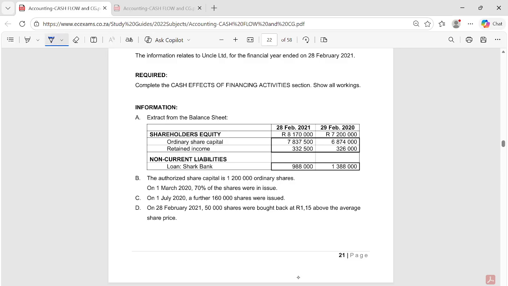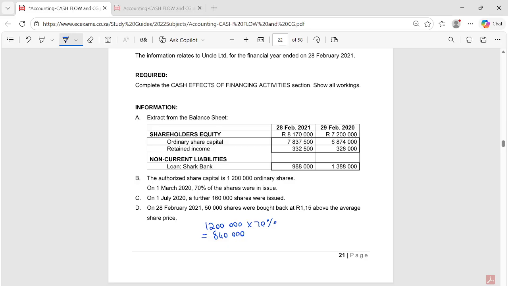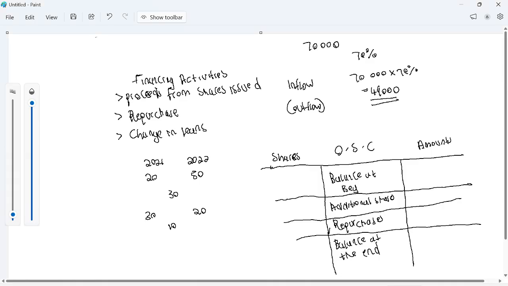So I say 1,200,000 multiplied by 70% gives me my shares issued at the beginning of the year, which is 840,000 shares.